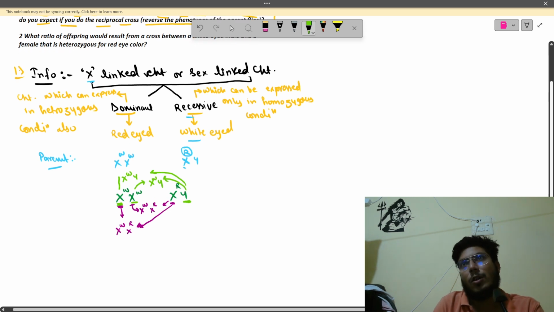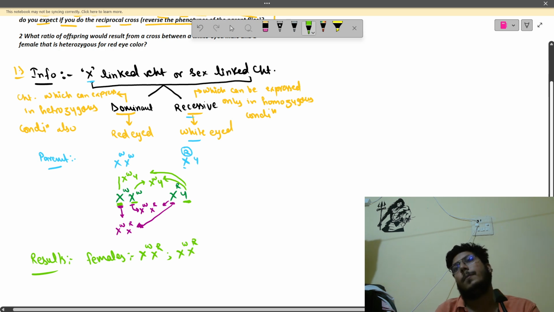So what do we have over here? For the results, let us see what we figure out. For females, what genotype are we getting? XW XR.